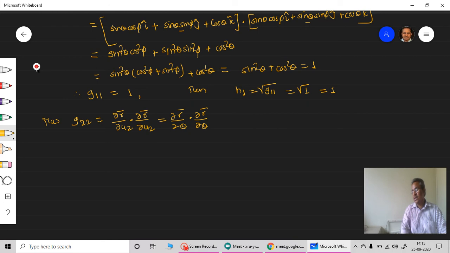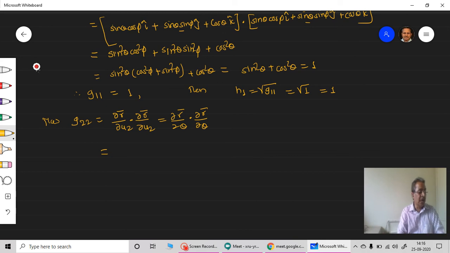Use equation number 3. Get the dot product of this exactly in the similar way to what we have done earlier. So that will be r times cos theta cos phi i cap plus r times cos theta sin phi j cap minus r sin theta into k cap, dot product with the same again.